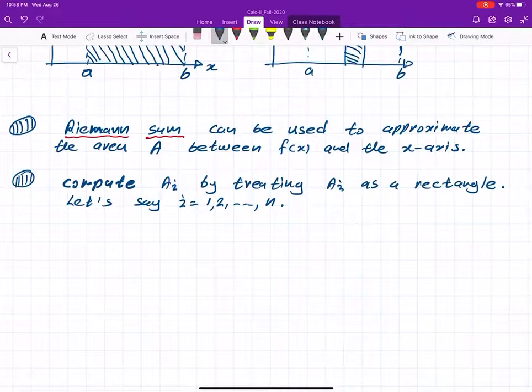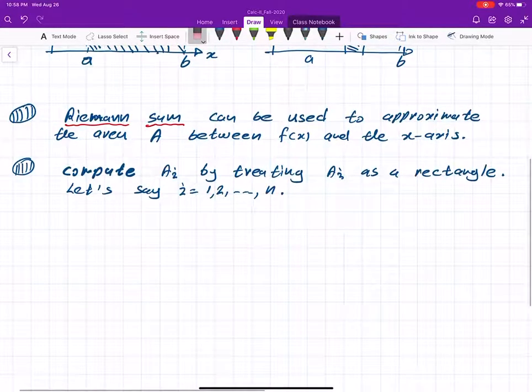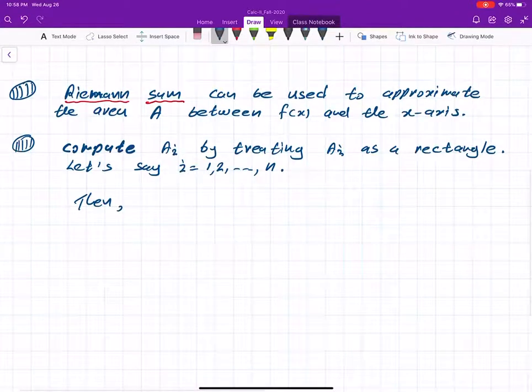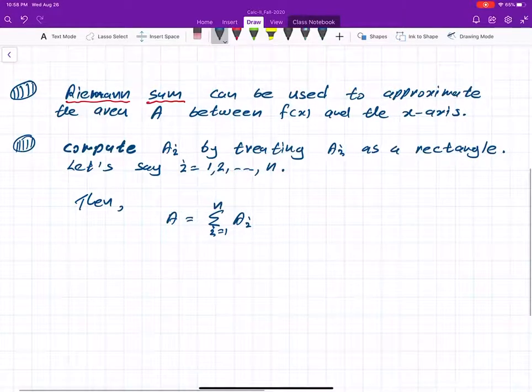Then you write your A equals the summation of all those A_i's. You use the sigma notation to denote the summation.